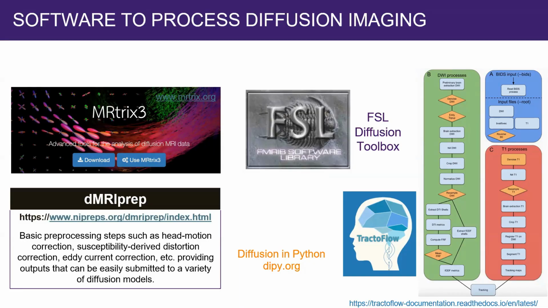For example, MRtrix, or FSL, which is very well known for processing this kind of image, but FSL only works on Linux and Mac. What I do now in general is mix toolboxes, because one toolbox has advantages, another has disadvantages. So we try to use the best of both worlds, and later you can have nice images.